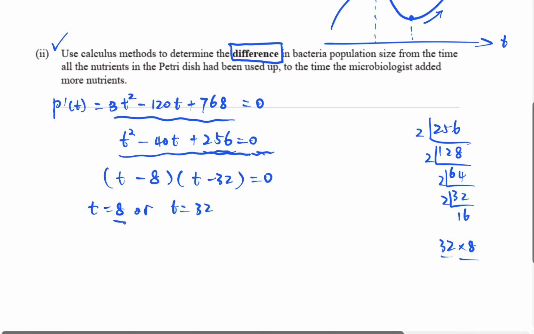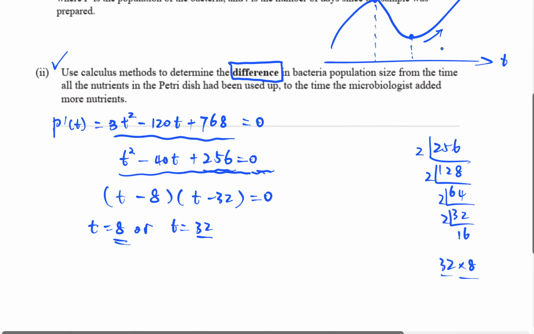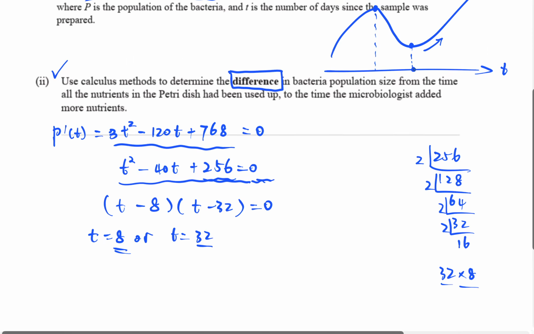t equals 8 is less than 32. So in my graph, the 32 is on the right and the 8 is on the left. Of course, 8 is the t value of my maximum point, and 32 is the t value of my minimum point.